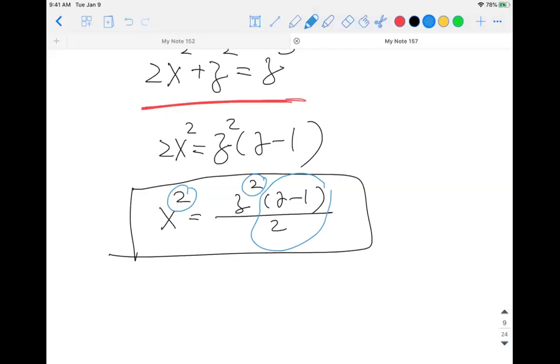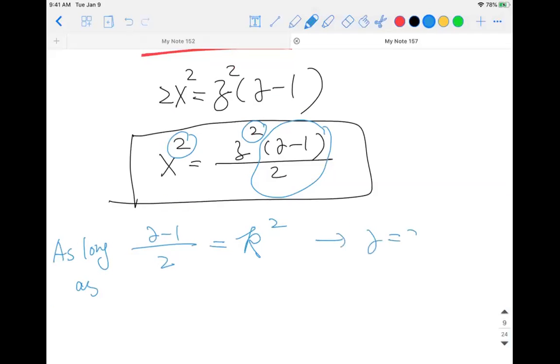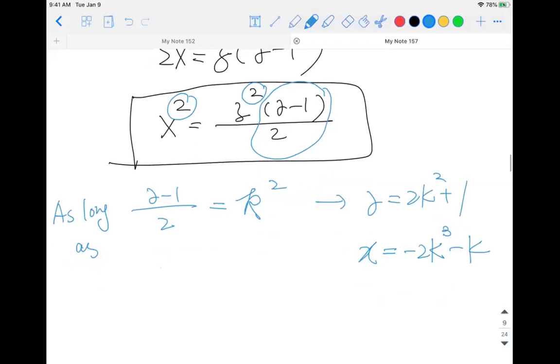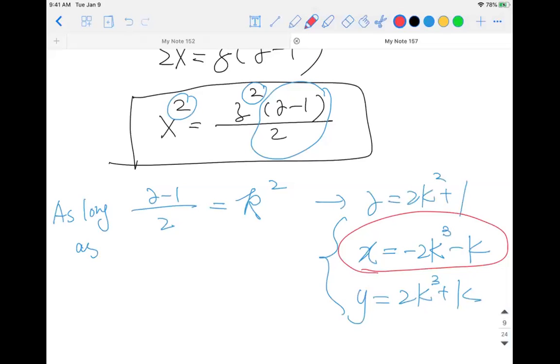But as long as I can make sure this expression equals a perfect square number, let's say k squared, that being said, z equals 2k squared plus 1, I will be able to determine the value for x, and y, 2k cubed plus k. For sure, for x, I need to take the negative one, right? If everything is positive, it's impossible, right? I need to take the negative one, to make sure there are some positive, some negative, so the original equation holds.